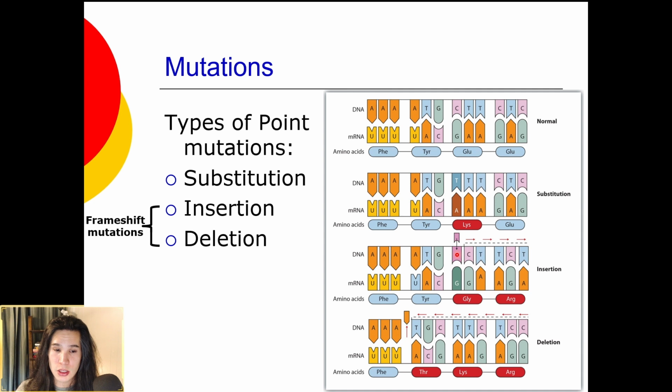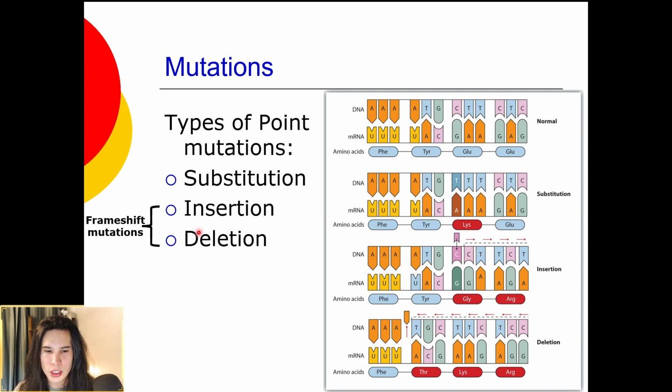And if it does lead to, let's say, a viable gamete, which eventually gets fertilized or fertilizes something, well, the organism itself probably wouldn't be viable. And so that could probably lead to a miscarriage if we're dealing with mammals. All right, so insertion is going to cause a frame shift.